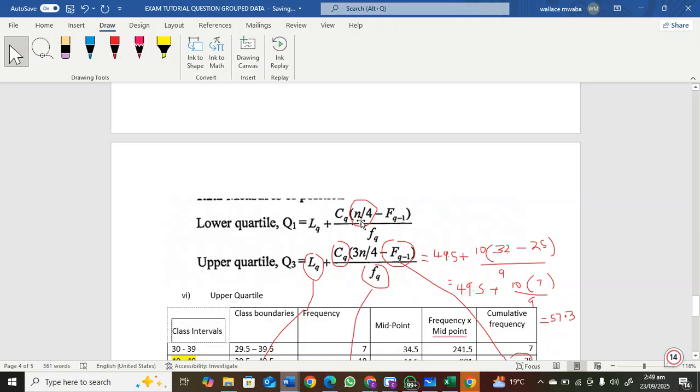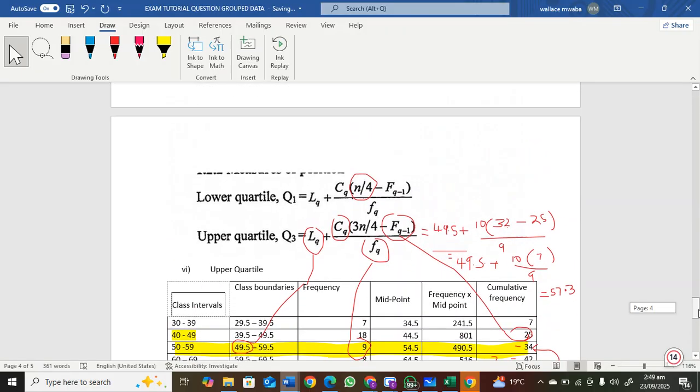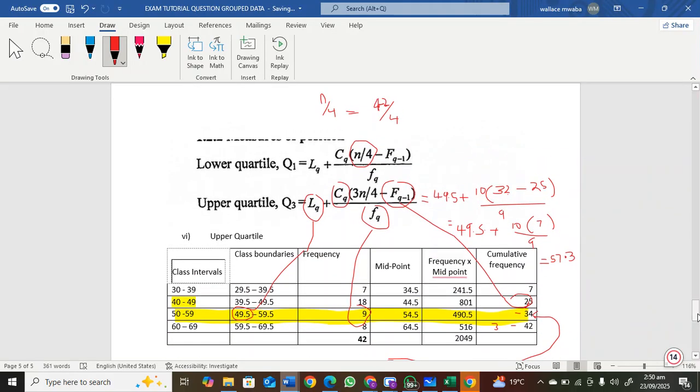So n divided by 4, that is 42 divided by 4, which is 10.5.